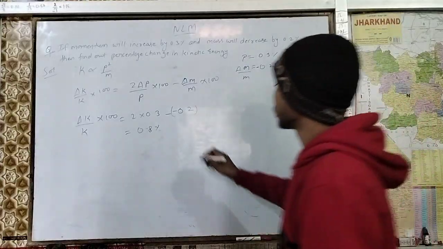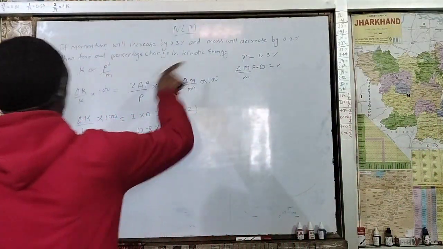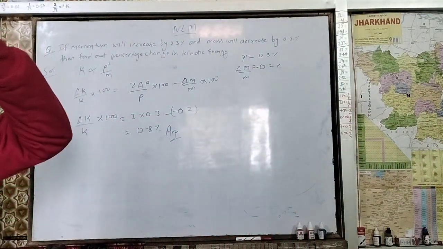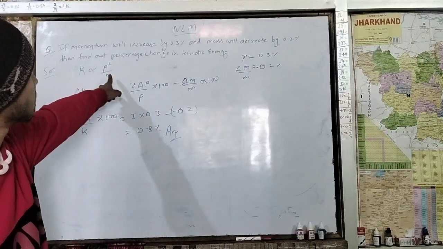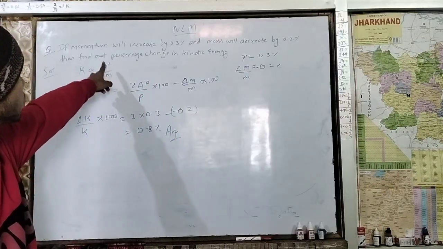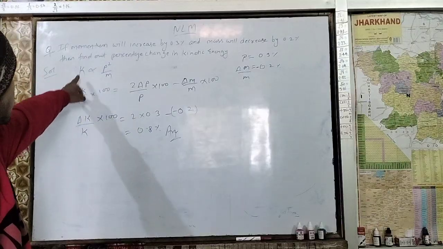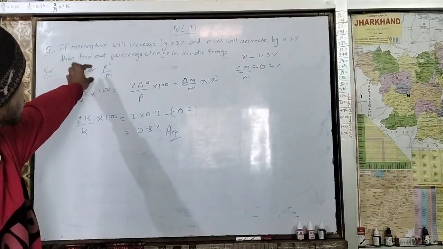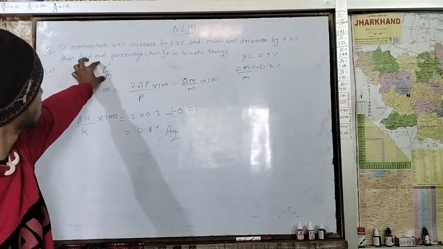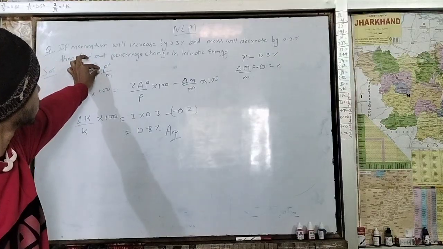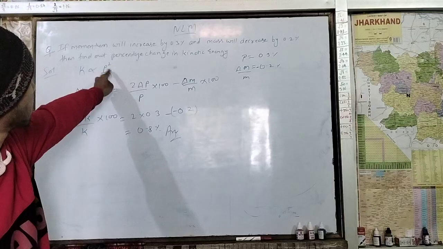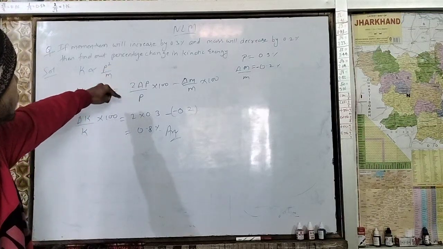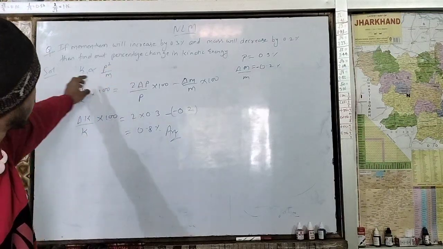Where momentum was given, mass was given, and we know it is asking kinetic energy. So kinetic energy is directly proportional to p square upon m, delta K upon K into 100, and our focus will be over here. This 2 will come downward to delta P upon P multiplied by 100 minus delta M upon M multiplied by 100.